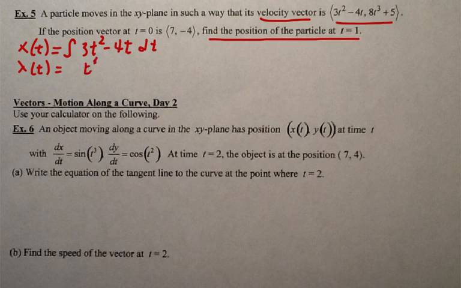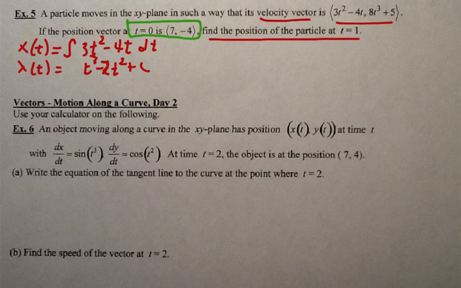That's going to be t cubed, multiplied by the reciprocal of that new power, 1/3 times the 3 already there, just gives us a 1. Add 1 to the power on the t here, t squared. Multiply by the reciprocal of that new power. Negative 4 times 1/2 will be negative 2. And then we, of course, need plus c. Now, we do need to figure out what c is, and that's why they gave me this bit of information in the problem.